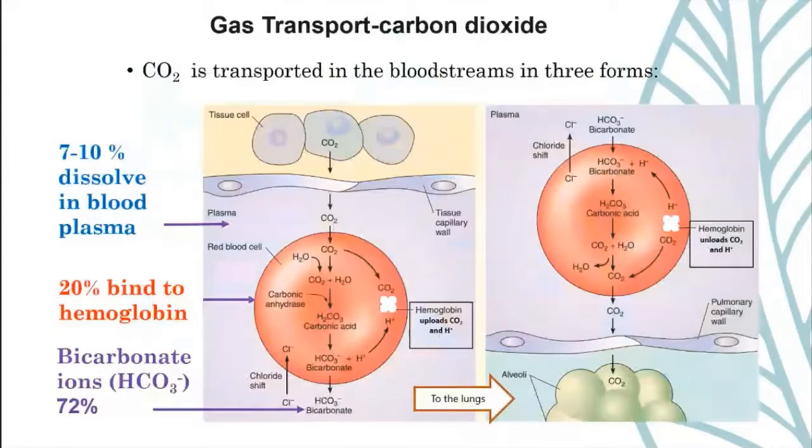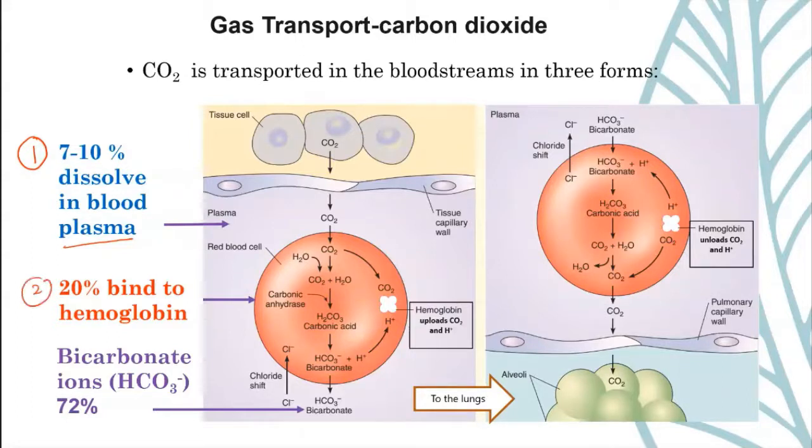Okay, so next we are going to look at gas transport for carbon dioxide. Carbon dioxide is transported in the bloodstream in 3 forms. The first form, 7 to 10%, is dissolved carbon dioxide in the blood plasma.